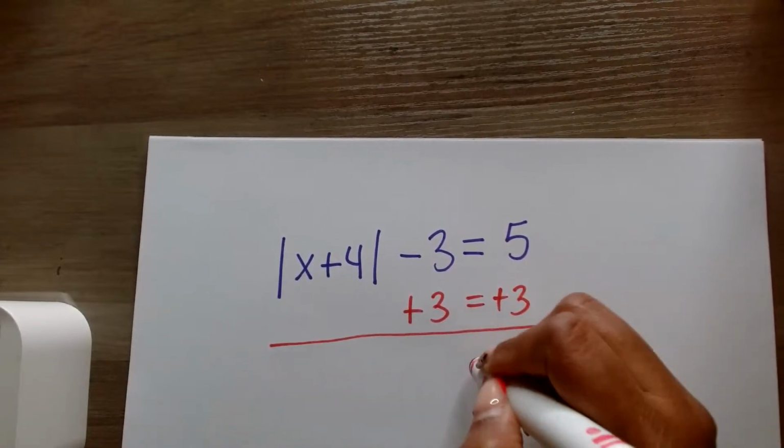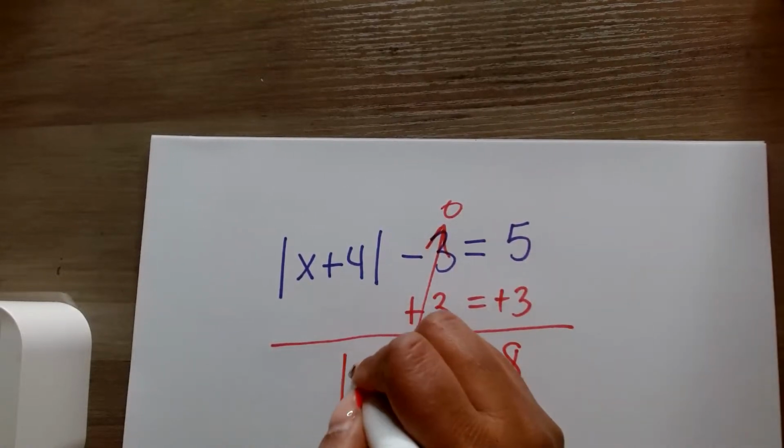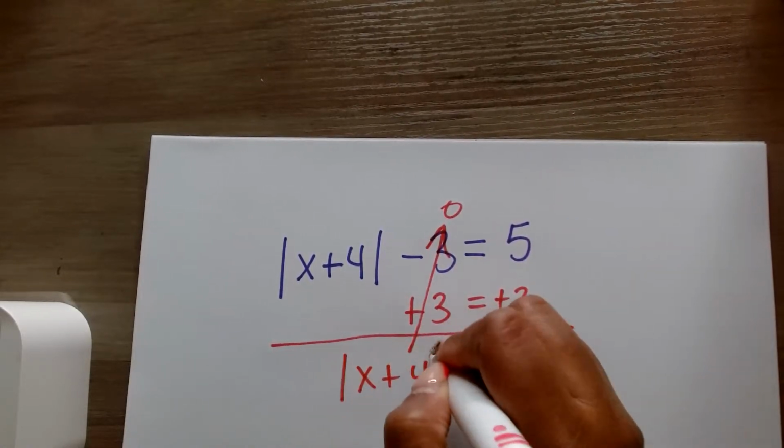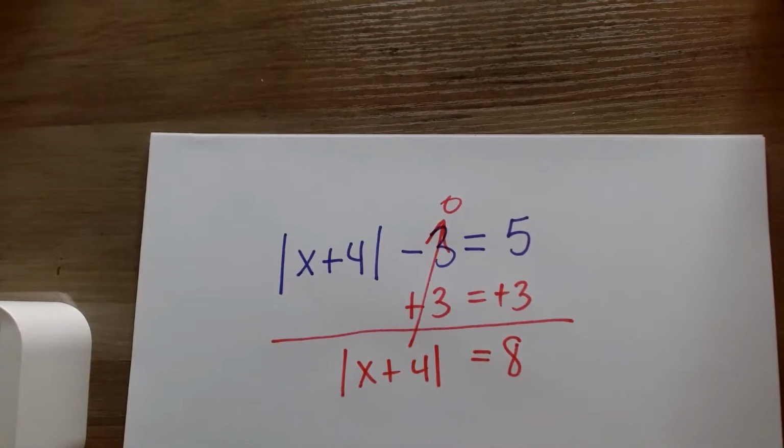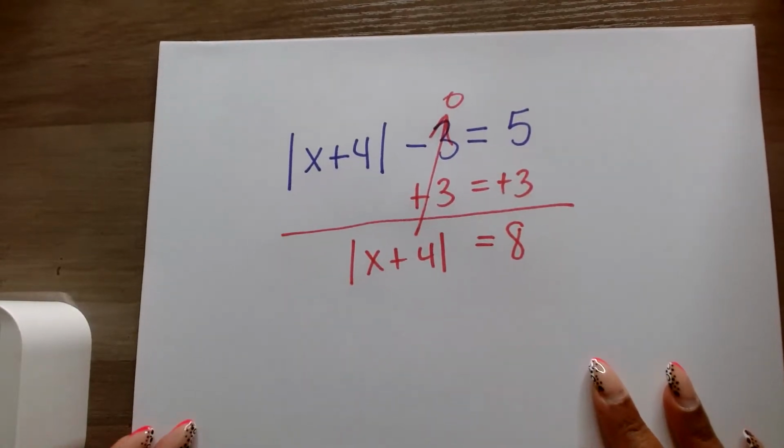So we're going to get 8. This cancels out to 0. And we are left with the absolute value of x plus 4. And how do we remove that absolute value sign so that we can actually work with x? Well, we are going to break that absolute value apart, and it creates 2 equations for us.